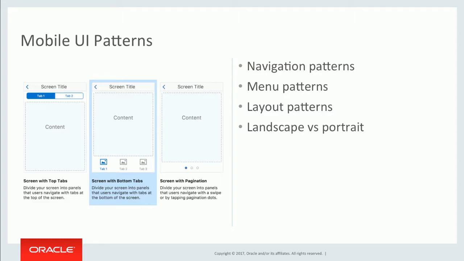At the end of the day, at Oracle, we have a group that specializes in UX and user interactions, and they do a lot of research on usability of applications. Their conclusion for us was that responsive web is far from being optimized for a mobile experience. And at Oracle, if you look at what we're doing, when we're building a mobile application, we're building a mobile dedicated UI experience.